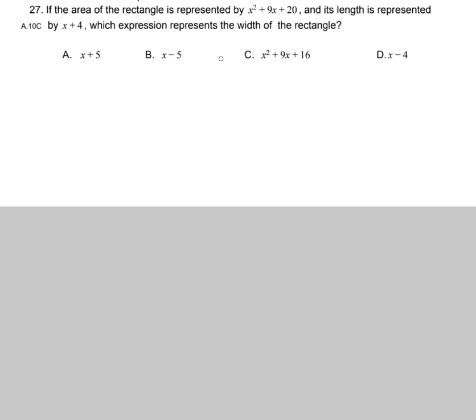If the area of the rectangle is represented by x squared plus 9x plus 20, and its length is represented by x plus 4, which expression represents the width of the rectangle? So just to put it in perspective, they have a rectangle, and they're saying that the area, which is length times width, is x squared plus 9x plus 20.